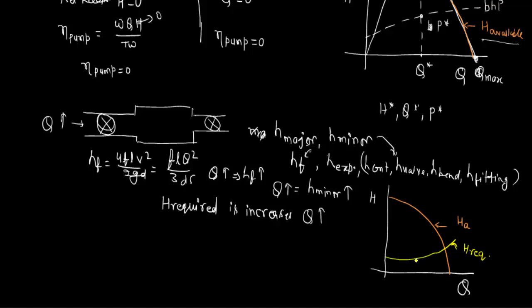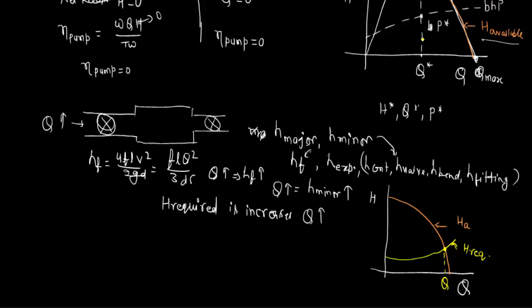So in the practical problem, both the curves, H available for the pump and H required for the piping system, are intersecting at a unique point. This unique point is providing a particular value of discharge that we can use. So for this intersection point of H required and H available, our pump is going to meet our piping system requirement.